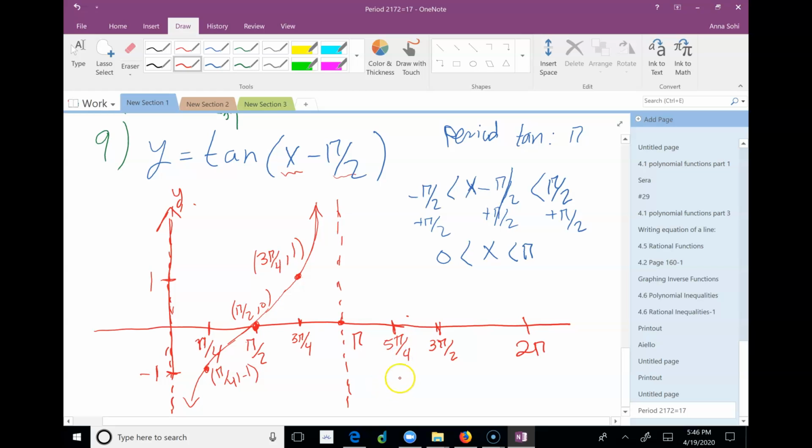You do that by adding the two and dividing by 2, and then 7 pi over 4. So you basically continue with the same model. I'm going to use another color for this one. So you would have negative 1, 0, 1. That's the graph.